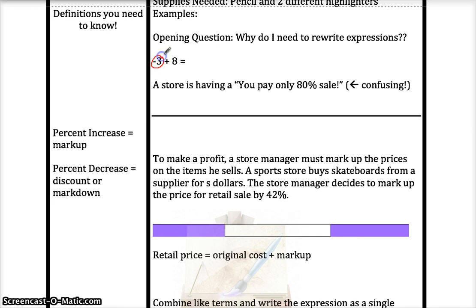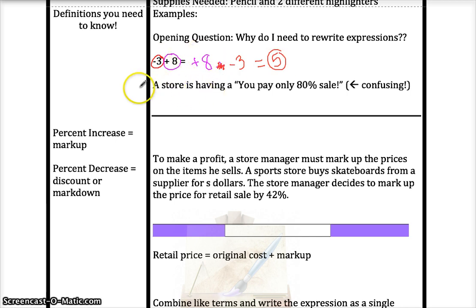So we've got a -3 and a +8, and we can just rewrite that as +8, keep the signs with it, plus -3, or if you're adding a negative, it's just like subtracting, so 8 minus 3 is 5. So in this case, the benefit of rewriting an expression is that it's a little simpler to understand. 8 minus 3 is 5.